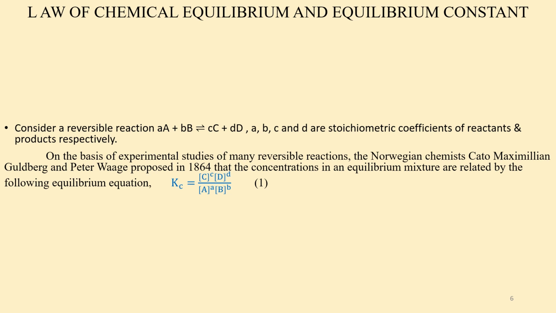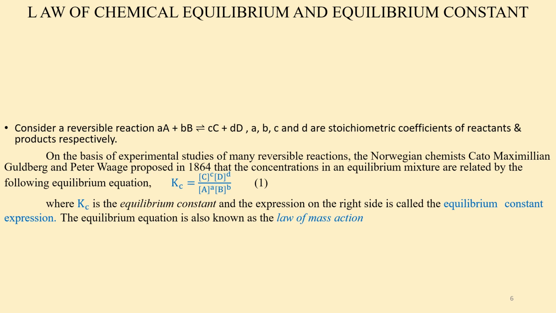That is, the square brackets show the concentration. So capital A, capital B, C and D, as well as small a, small b, small c, small d are as defined in the previous paragraph.